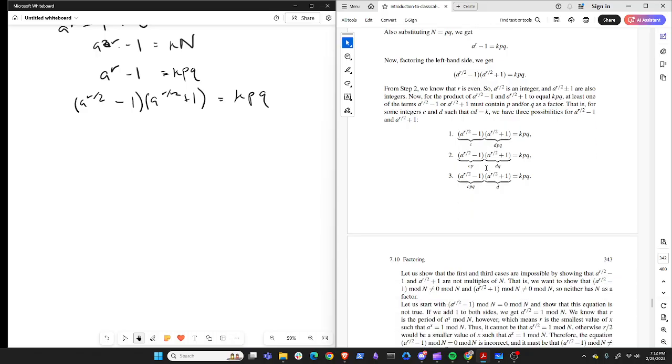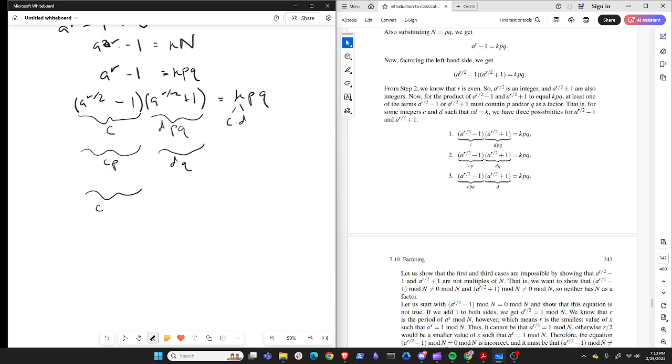So there are several different possibilities here. For two integers c and d such that we can decompose k into c times d, this could be cd times pq, this could be cp times dq, or this could be cpq times d.